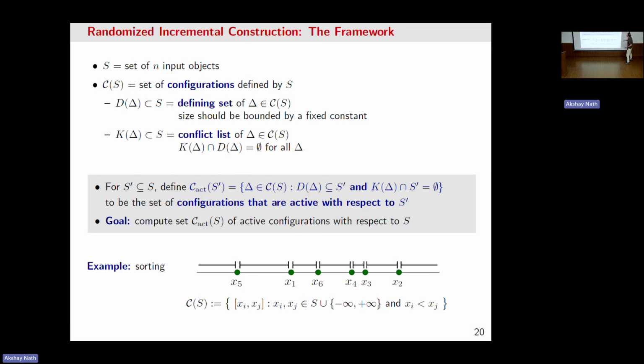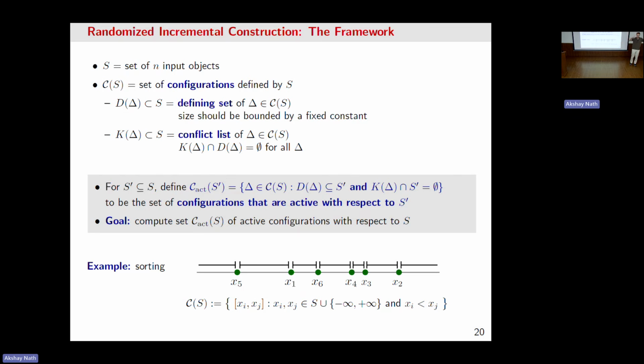Then, okay, so what are the configurations? What is C of S? That's what you see here. I pick at most 2 points from my set S and maybe something from here that defines an interval.